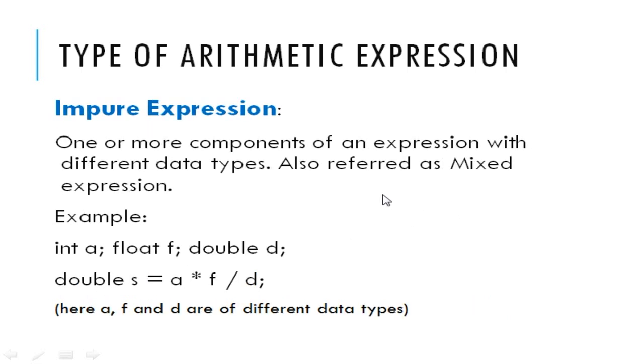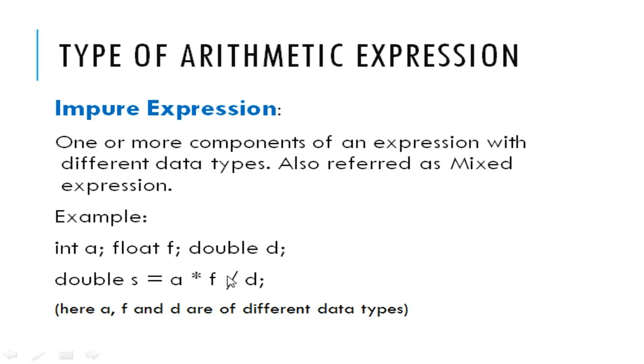Next is impure expression. One or more components of an expression with different data type, we call it an impure expression. You can also call it a mixed expression. That means you can have mixed data types, mixed variables. You can see one integer, one float and one double. Obviously, since you have integer, float and double, the greatest type will be double, so the result also will be stored in double.